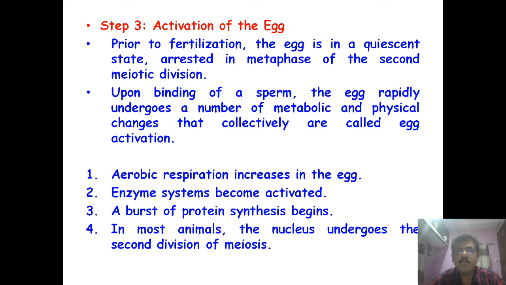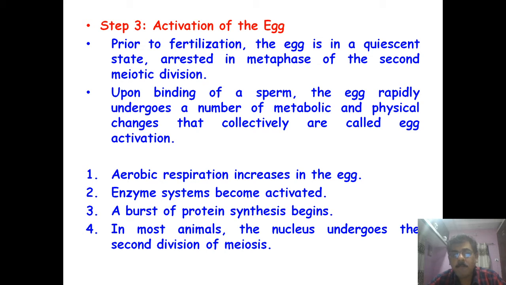And the third step is the activation of the egg. Prior to fertilization, the egg is in a quiescent stage, or arrested in metaphase of the second meiotic division. Upon binding of the sperm, the egg rapidly undergoes a number of metabolic and physiological changes that are collectively called egg activation.